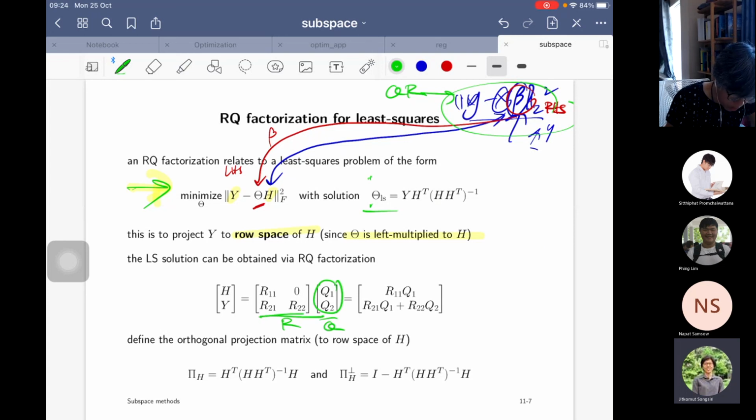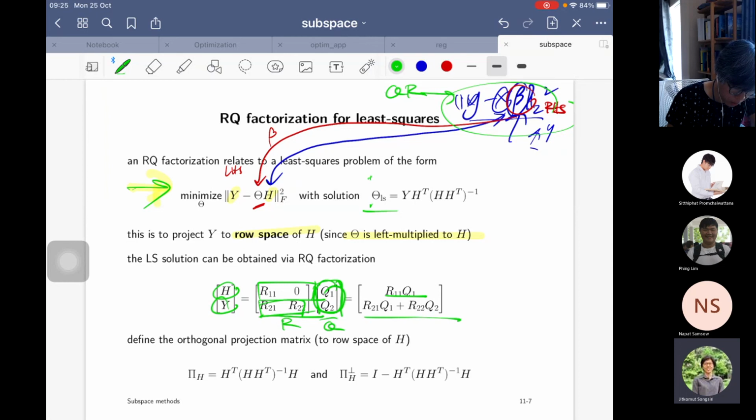When you expand everything out, H is going to be R11, Q1. Your Y is going to be this matrix, the RQ factors.